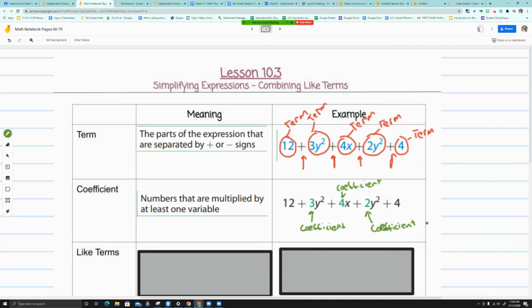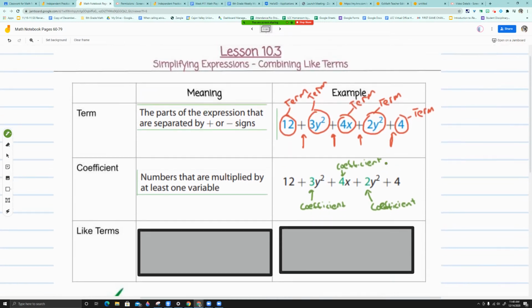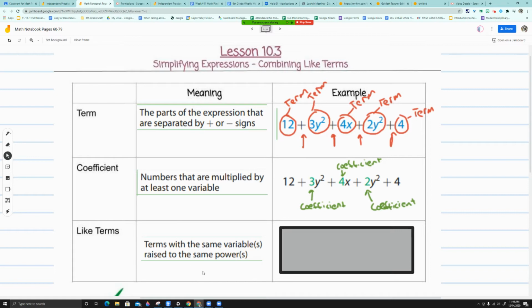So terms are parts of an expression that are being added to or subtracted together. Coefficients are parts of an expression that are numbers that are being multiplied by variables. And then finally, we have like terms. And you heard me talk about like terms last week.